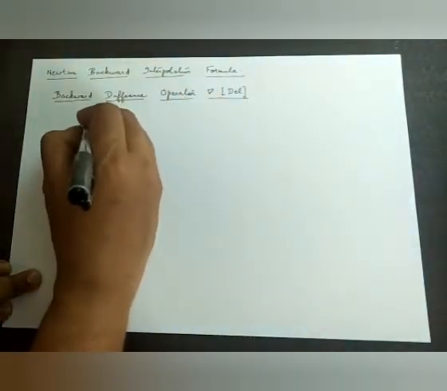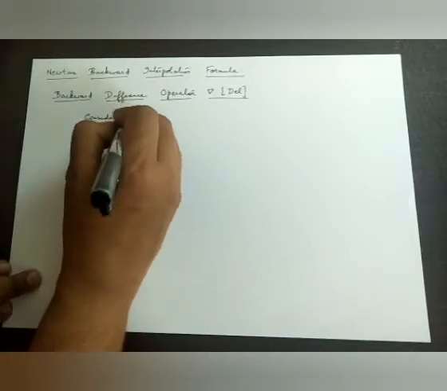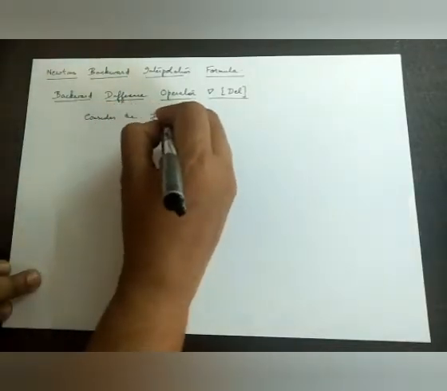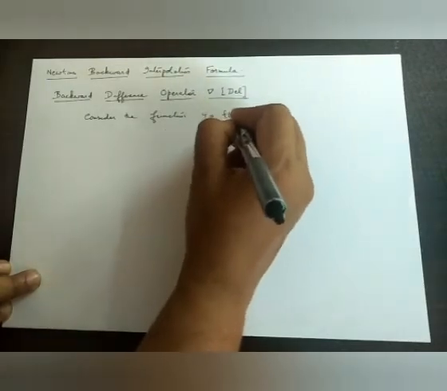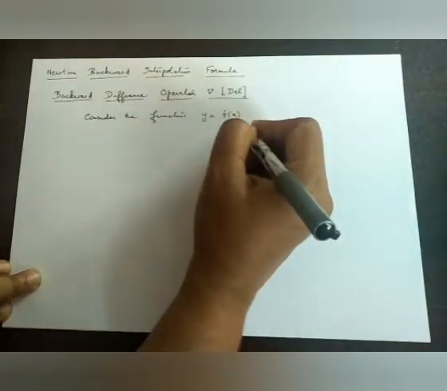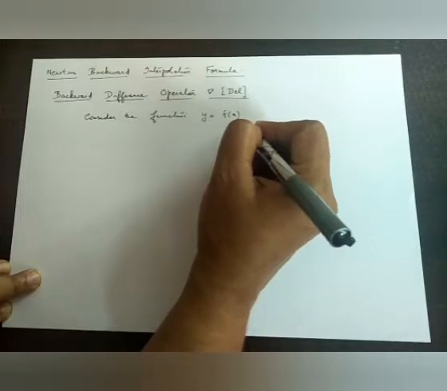Here also consider the function y is equal to f of x. For the values of x, it is x0, x1, x2, etc. up to xn.